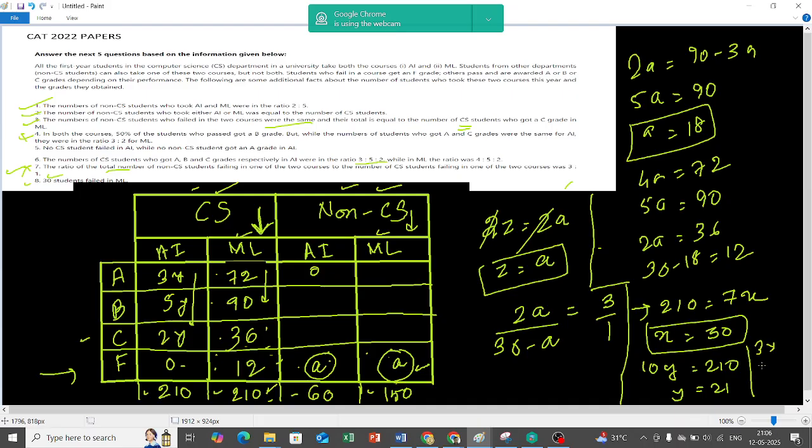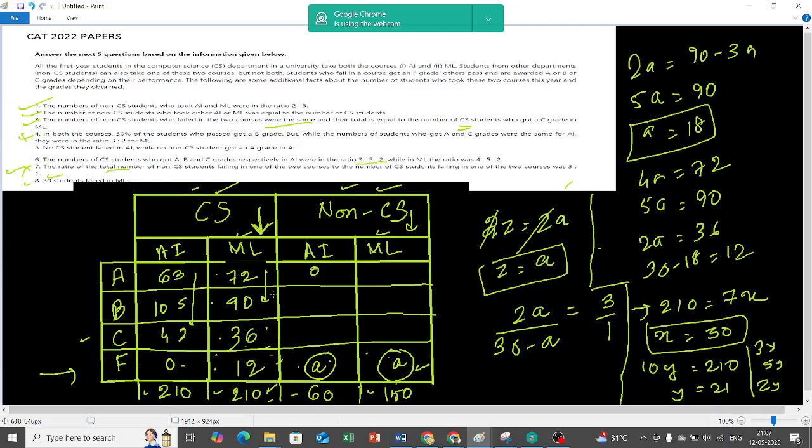We can get 3y, we can get 5y, we can get 2y. 3y is 63. Right, you can add and you can see that all of them is equal to 210.